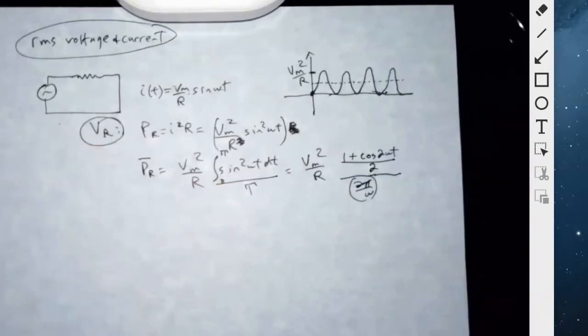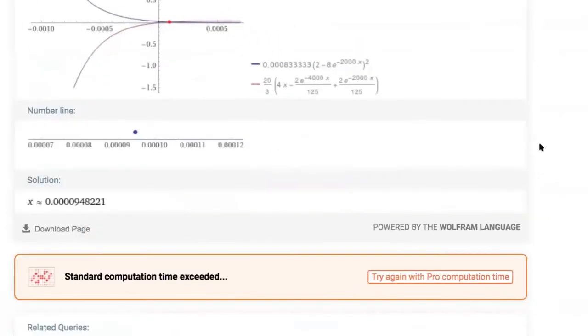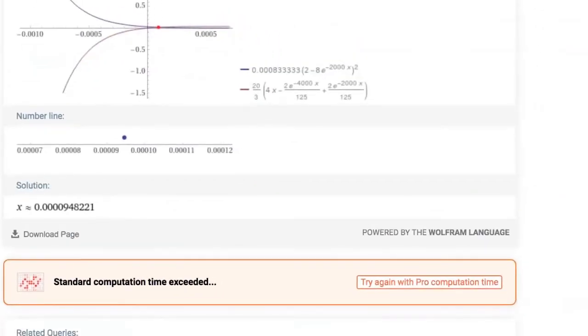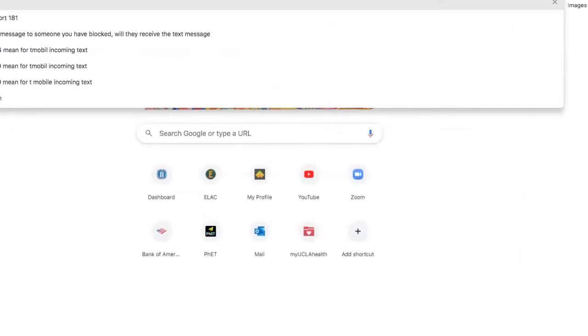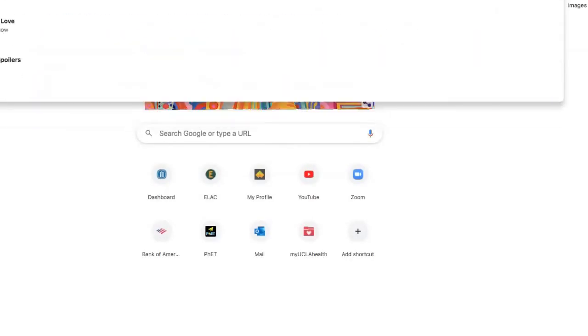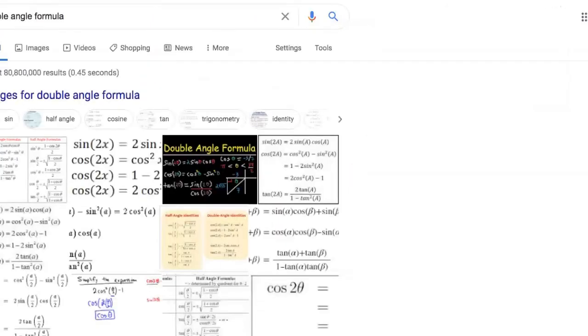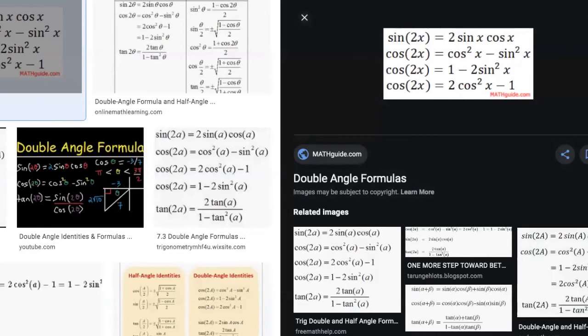Sine squared A is 1 minus cosine of 2A over 2, right?